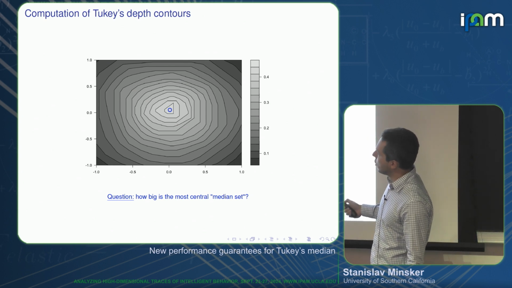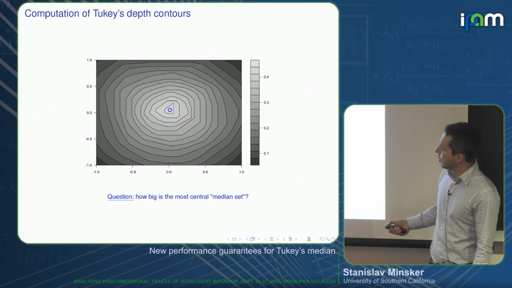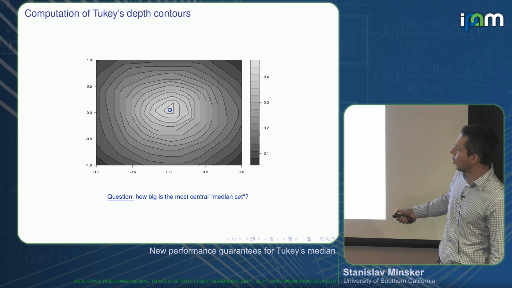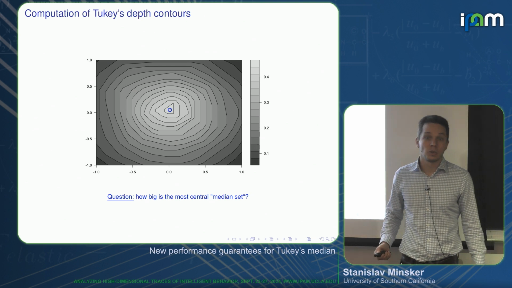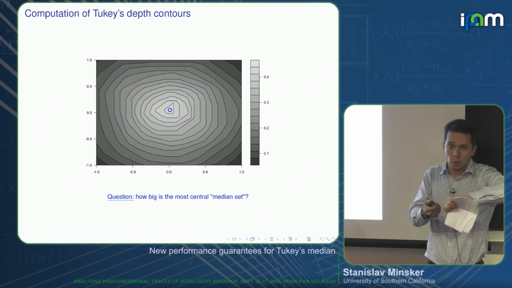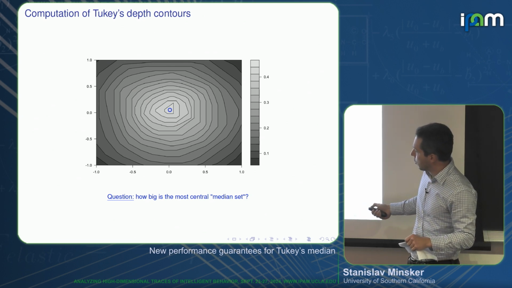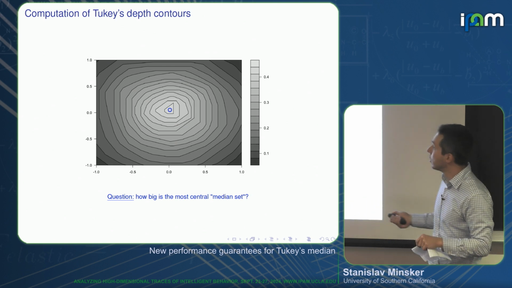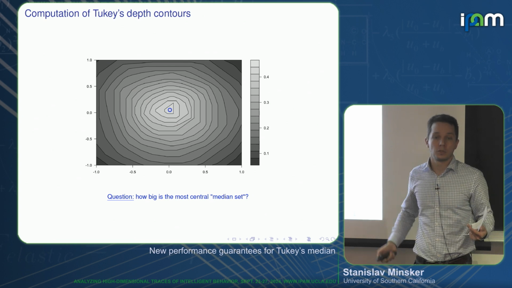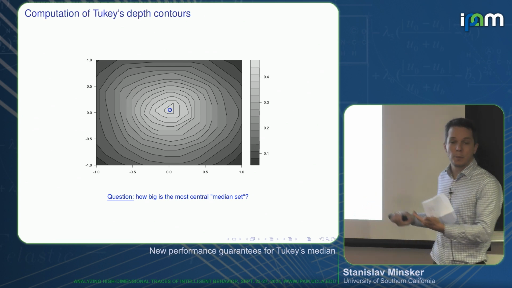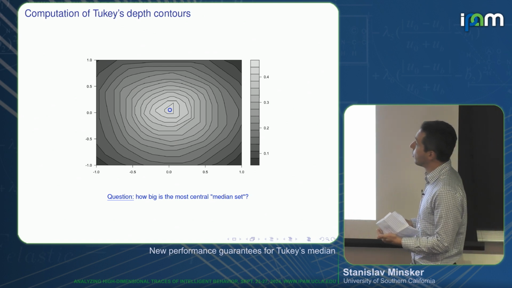And it turns out that up until this point, the seemingly basic question, namely how big is the most central region as I let the number of points in my sample grow, so what happens to this set of all deepest points, what I call the median set, how quickly is it going to contract? This question was not answered, and that's something that I will talk about in more detail in the second part of this talk.